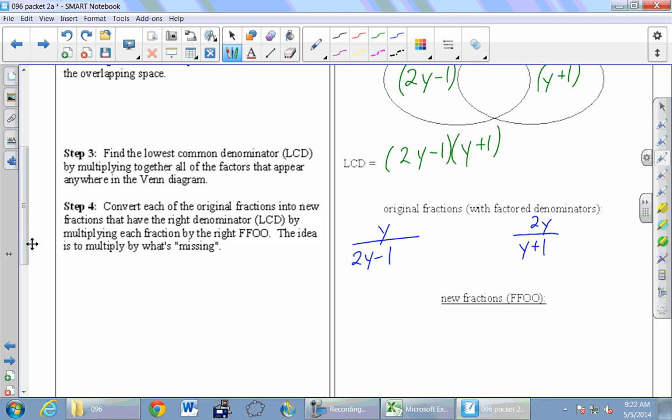So looking at the first fraction, it currently has a 2y minus 1 in the denominator. We're trying to build this green thing. What is the blue guy missing? Y plus 1. And so we put here y plus 1, and then right away, y plus 1.